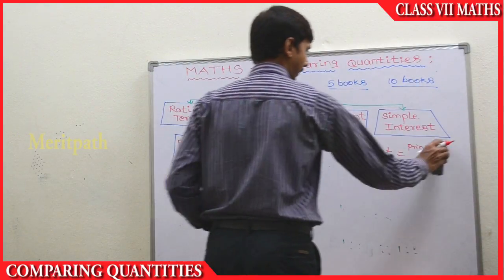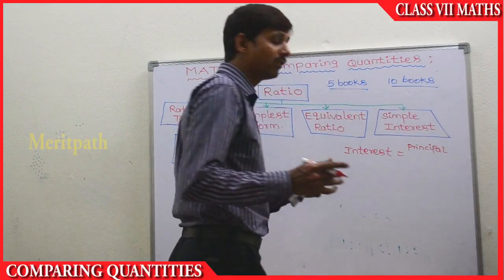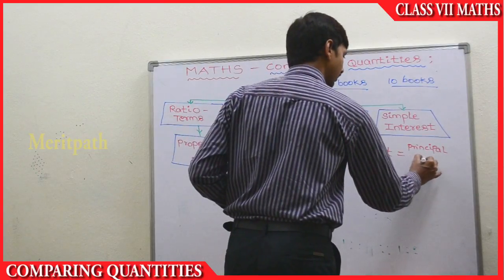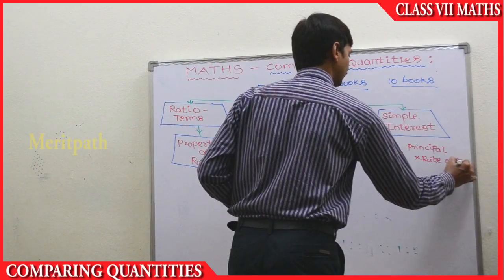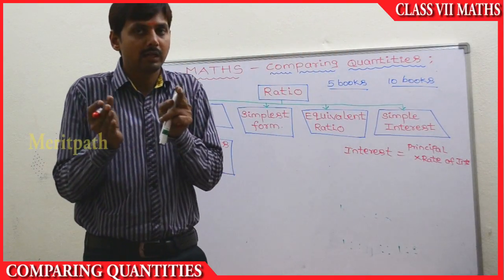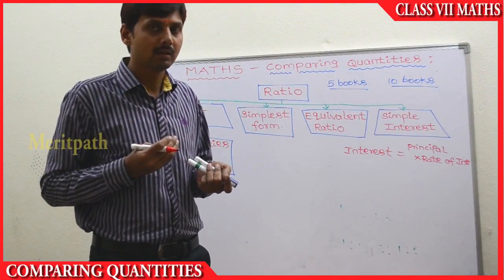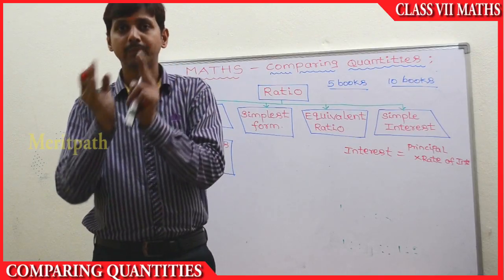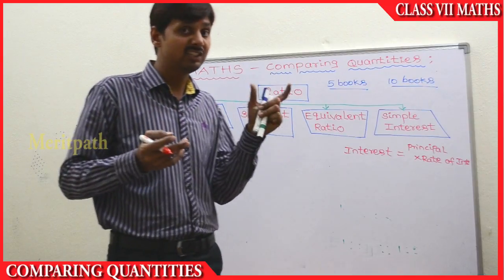We need to pay some certain amount additional to that. How much we need to pay is at a particular rate, 1% or 2% or 3%. It is a percentage out of 100, for each 100 we need to give.